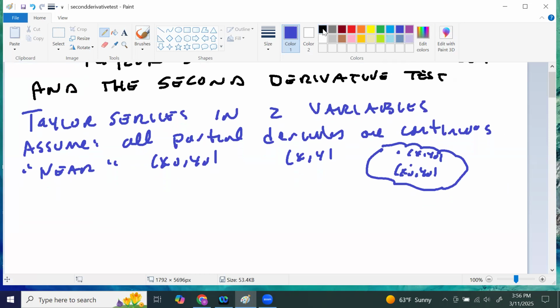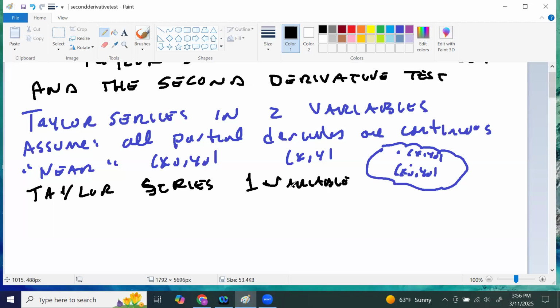Now, what we're going to do is, first of all, I want to remind you of the Taylor series for one variable. And I'm going to assume it's expanded about x equals 0.